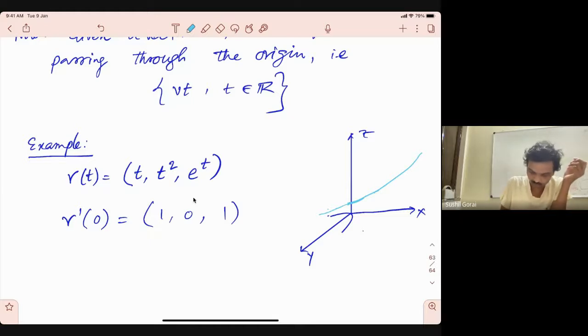What we have is the xy axis, and over there you have the exponential. It goes this way.